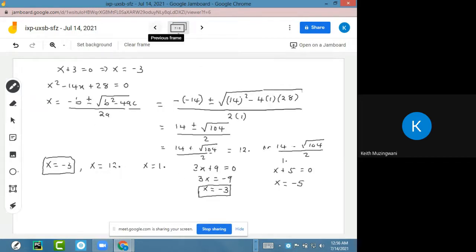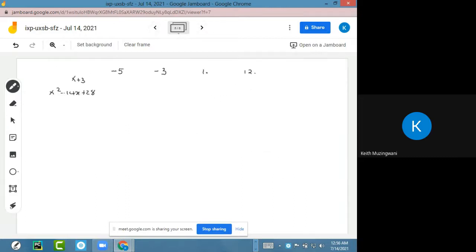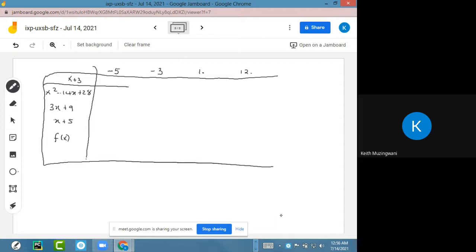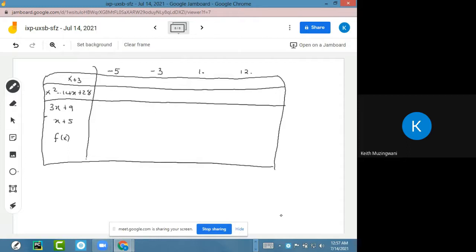Then the denominator has 3x plus 9, and it also has x plus 5. And then the whole thing, I'll just call it f of x, meaning the fraction where we get the whole numerator divided by the denominator. So I want to test now.